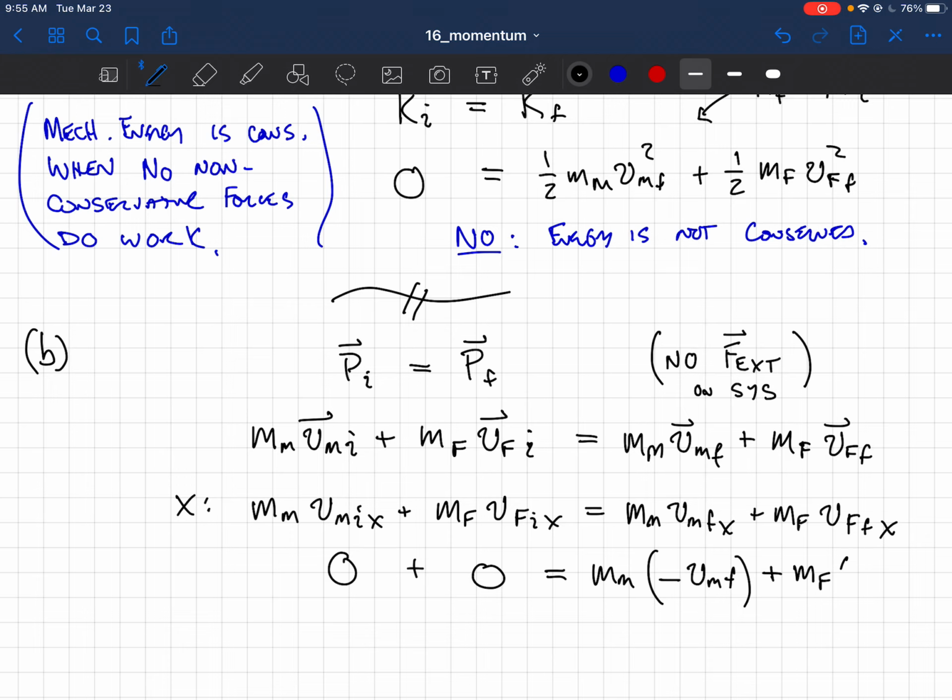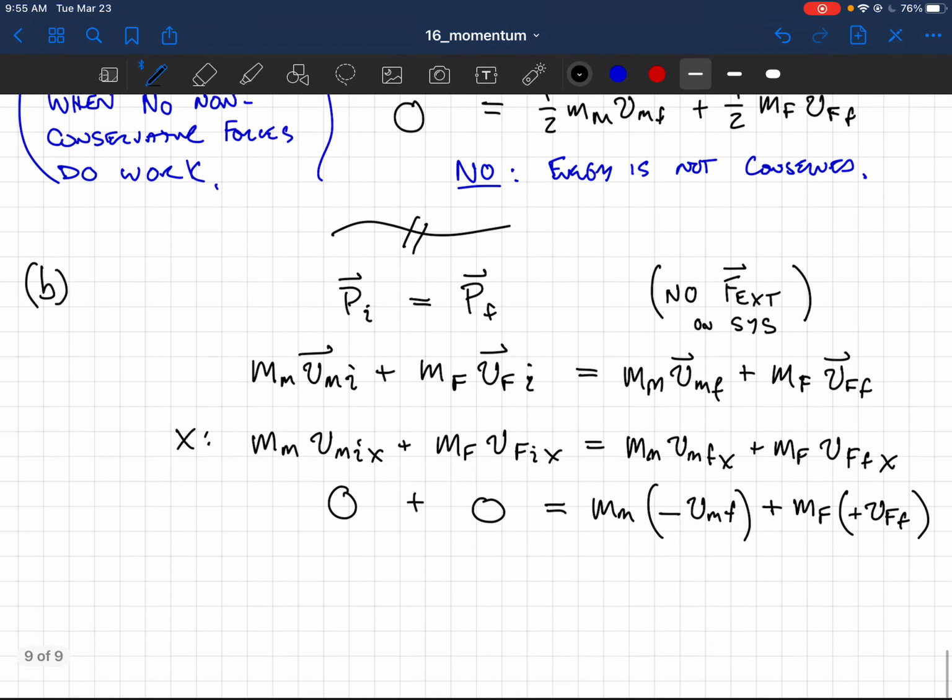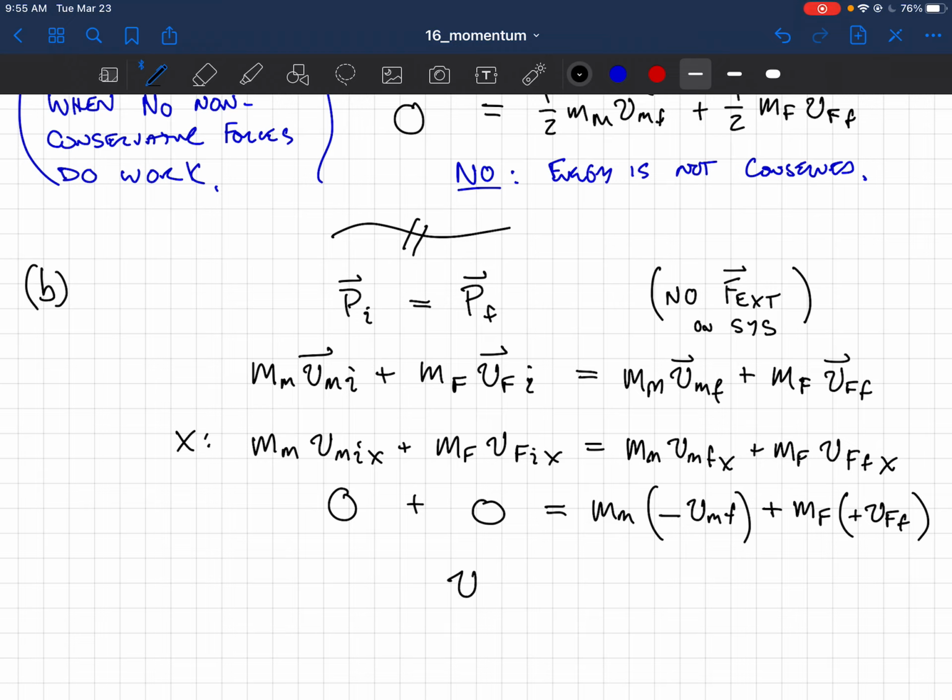Francesca points in the rightward direction, so we have m Francesca times plus v Francesca final. That's our unknown variable, so we can solve for it. So v Francesca final is equal to m Mark times v Mark final, adding it to the other side, and then dividing by m Francesca.